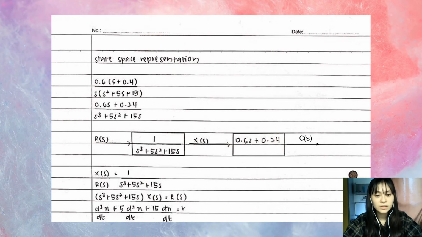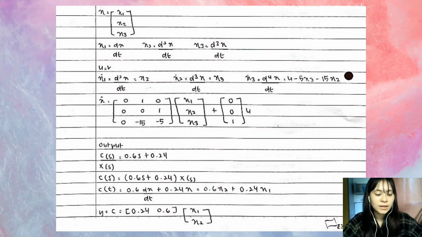we will differentiate the equation, which produces d cubed x over dt cubed plus 5 d squared x over dt squared plus 15 dx over dt equal to r. The x will then equal x1, x2 and x3, where x1 is dx over dt, x2 is d squared x over dt squared, and x3 is d cubed x over dt cubed.